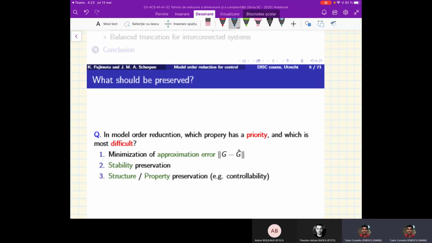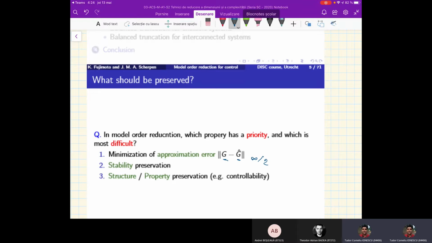The idea is that you would like to minimize some sort of error where G is the original model and G hat is the reduced order model, and we have already discussed that. We covered this subject last time. You need to minimize some approximation error, usually the infinity or the 2 norm of the error.